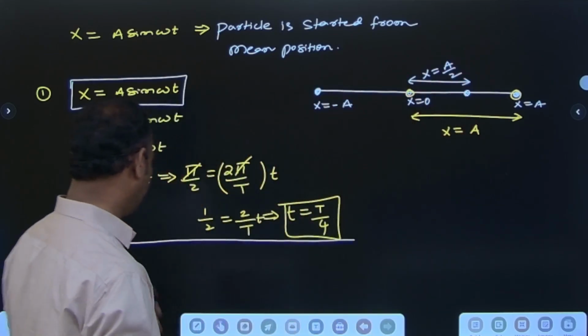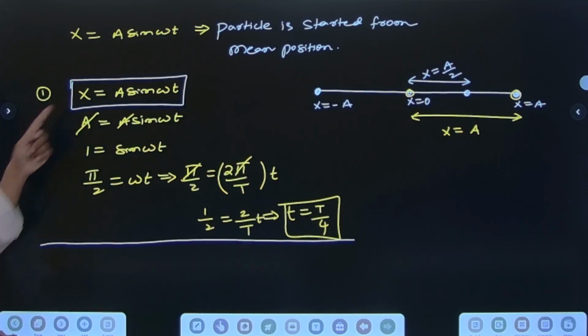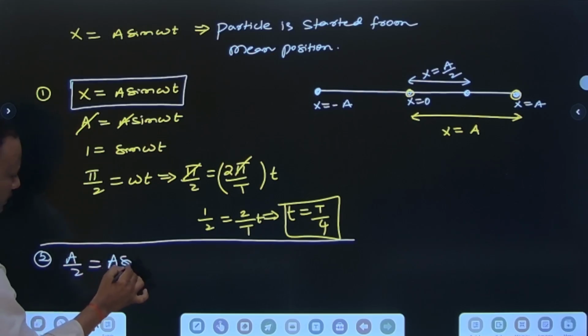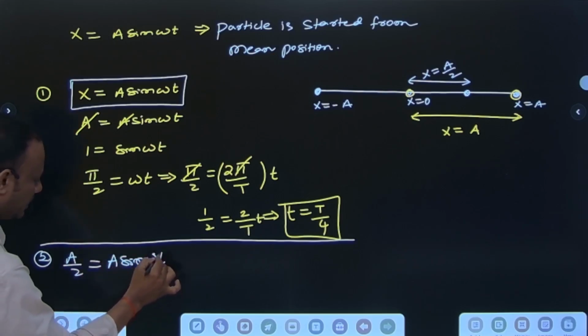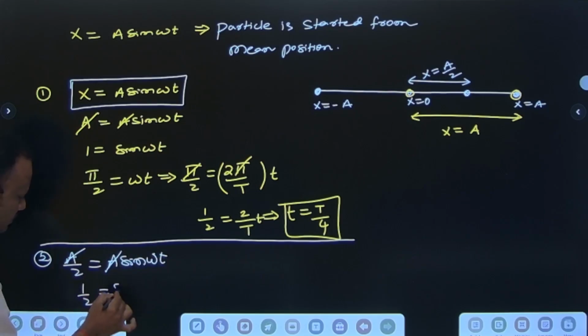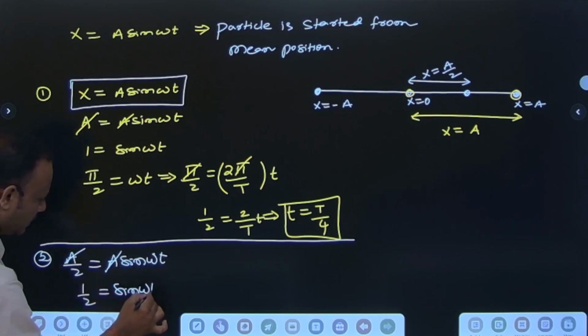Let me check this one. In place of x, write A by 2. A by 2 is equal to A sin omega t. A cancels. 1 by 2 is equal to sin omega t.